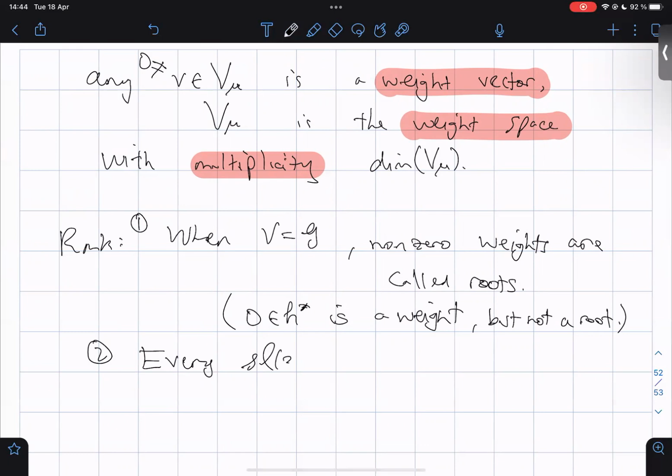Every SL(n+1) C representation has at least one weight. Why? Given an element of the Cartan subalgebra, I could consider pi of H. That's a linear operator, but we're working over C. A linear operator over C always has an eigenvalue.